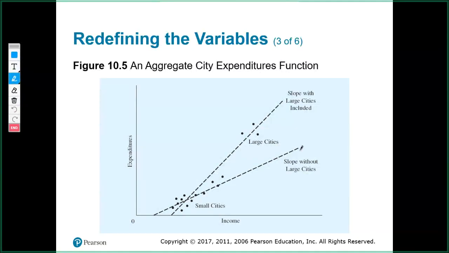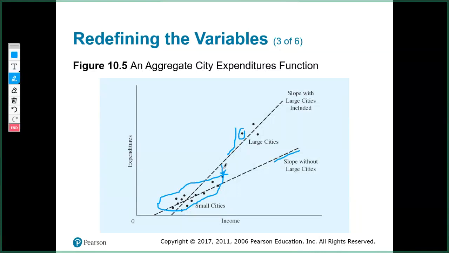This lower dotted line fits the small cities data, this cluster of small cities data, pretty well. Whereas if you do include the large cities, the slope of the line then goes up to this steeper slope line, which, yes, it fits the large cities, but it introduces heteroskedasticity because then in Stata's mind, or in the regression's mind, for larger cities, some of them have really small residuals, whereas some of them have much larger residuals.